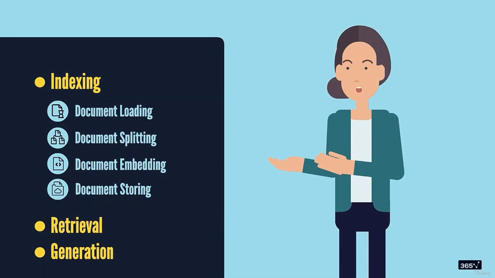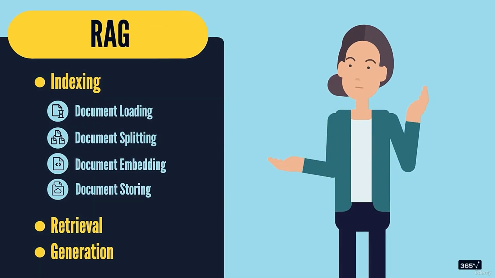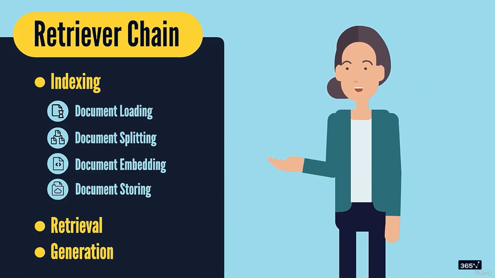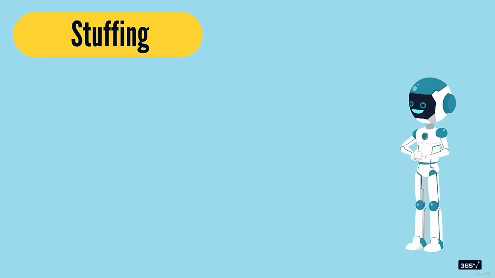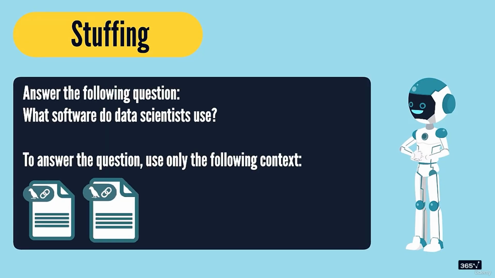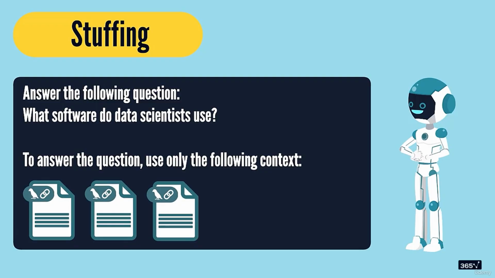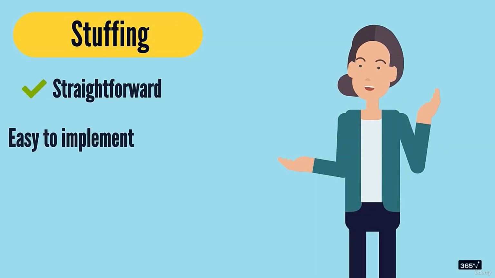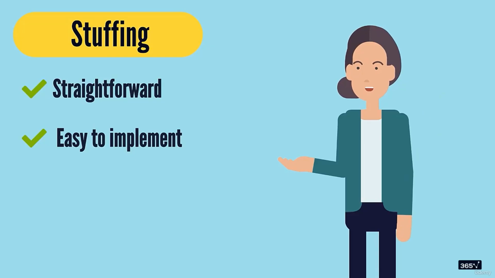All right, everyone, I hope you've learned a great deal about the individual RAG components and how they combine to create a retriever chain. As a final remark, inserting all retrieved documents into the prompt is called stuffing. As I hope you've seen, stuffing is a straightforward, easy-to-implement approach that would result in excellent model responses in most cases.